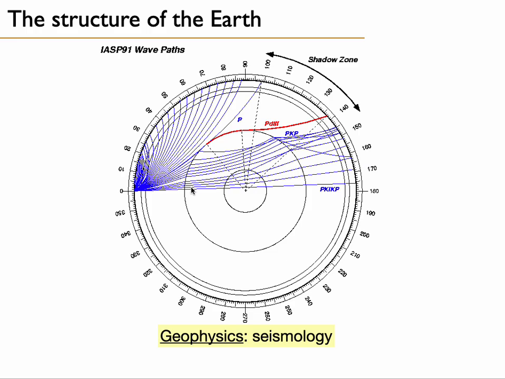Since some of the layers are solid and others liquid, there is some conversion of waves, and waves are being reflected and refracted across the different interfaces, and by studying all these interactions, the seismologists could come up with an internal model of the Earth.